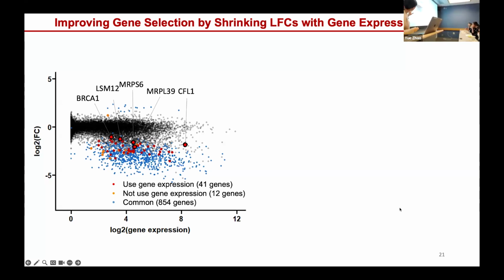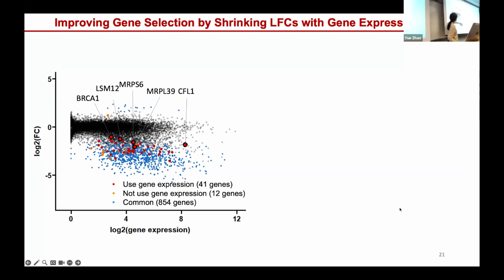So here I highlighted the 5 genes with this black circle. Let's start with BRCA1. BRCA1 is known to have a harmful effect on MDA-MB-231 cells. And LSM12 and CFL1 are known essential genes in the BAGEL2 essential gene list.